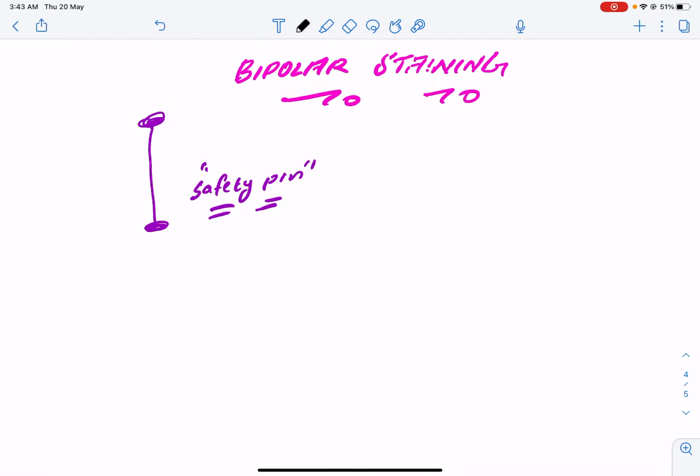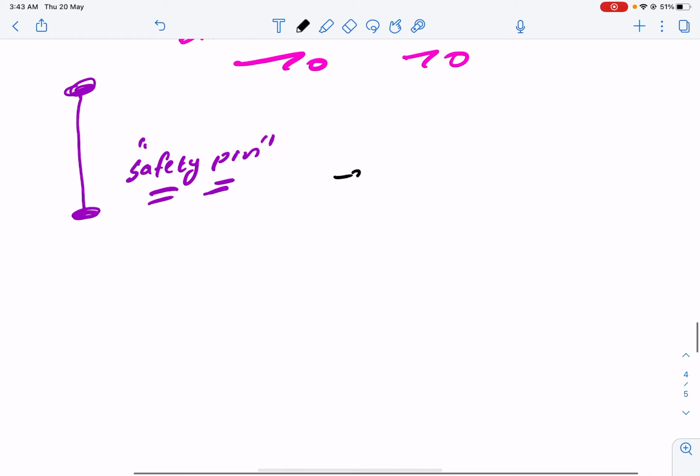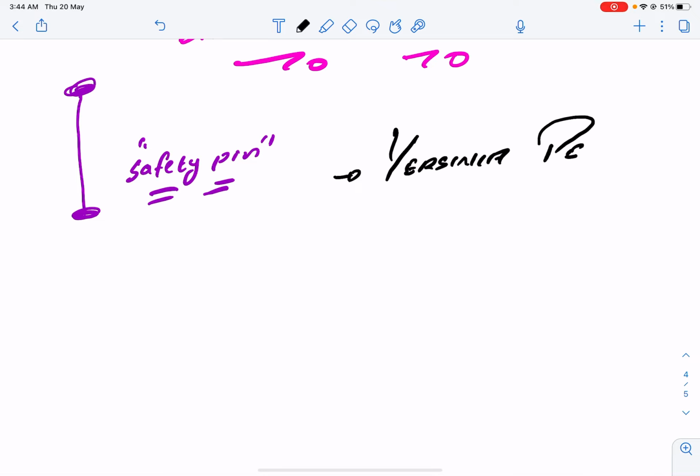Which bacteria will show this bipolar staining? First one, very important bacteria, Yersinia pestis, the plague-causing one.